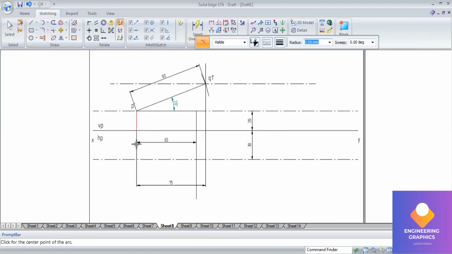So go to true length. As we know, I'm considering the true length as 80 mm. So cut the arc for 80 mm length. Just by extending this straight line, you can get the exact point here.